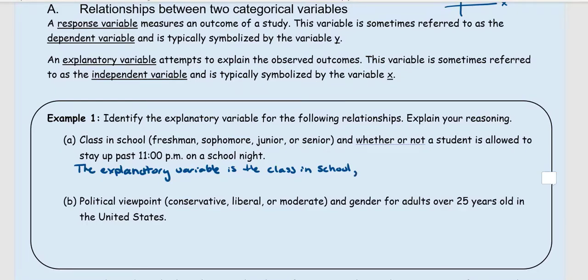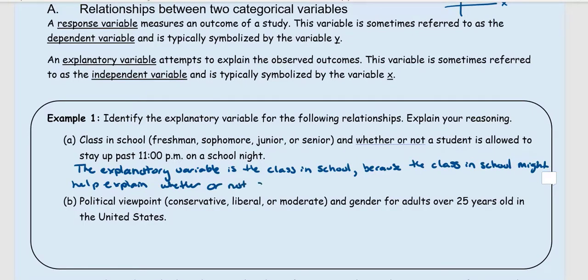So we're going to say because the class in school might help explain whether or not a student is allowed to stay up past 11 o'clock on a school night.